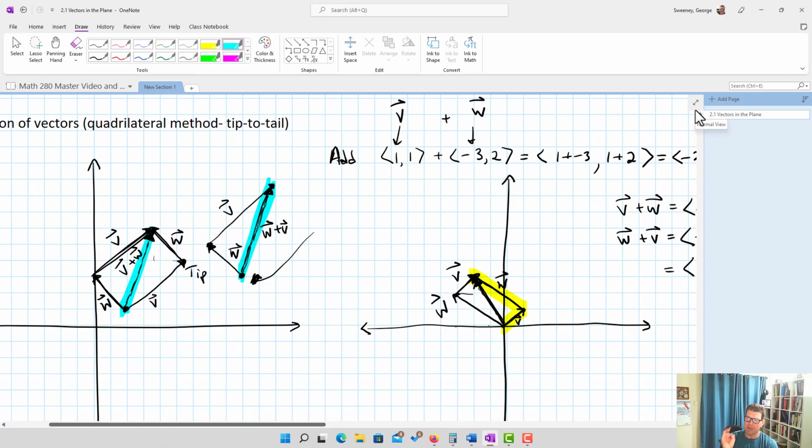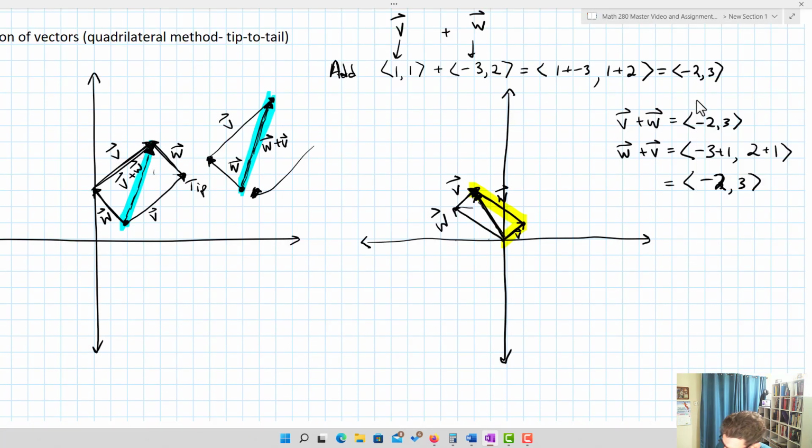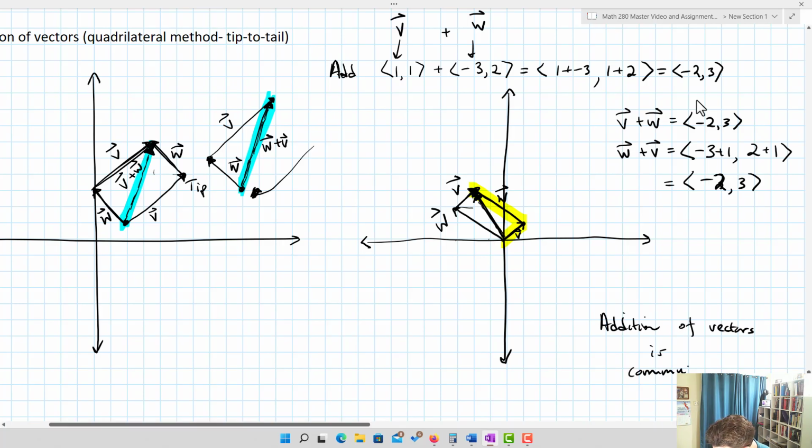If we're using standard position vectors, you can add them in any order you want. It's completely commutative, and in all cases those vectors are going to end up being equivalent, no matter how you add them. Basically, addition of vectors is commutative. That is, you can add in any order.